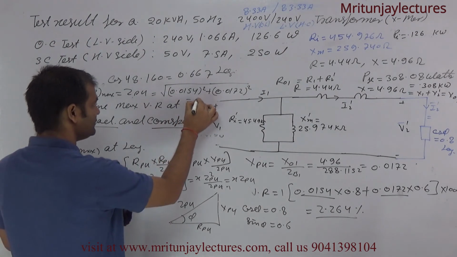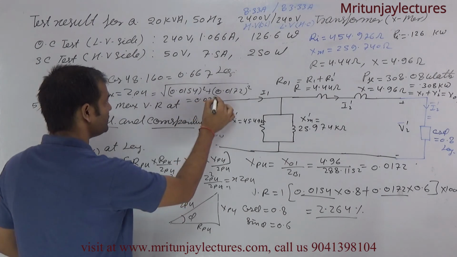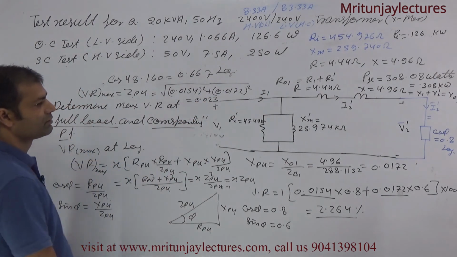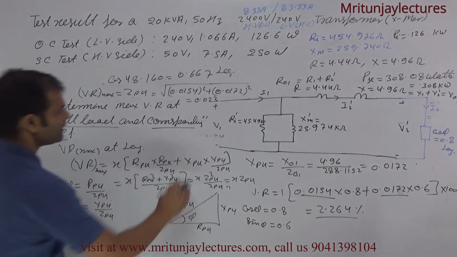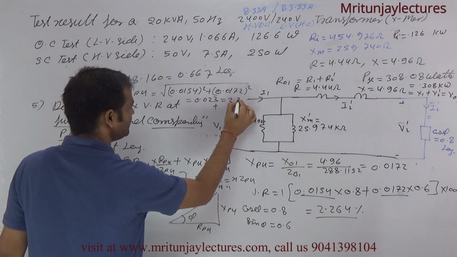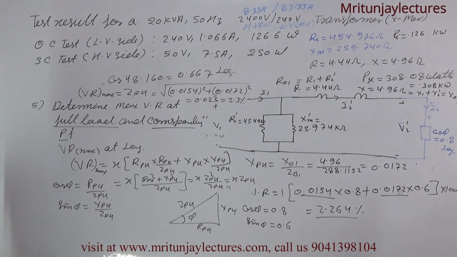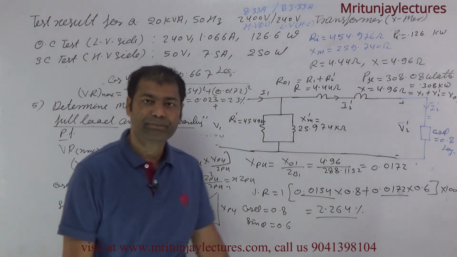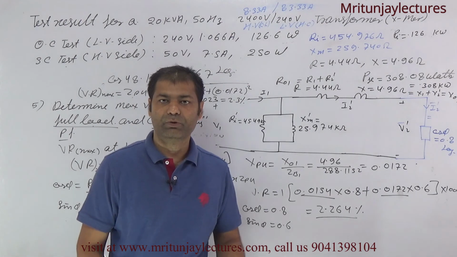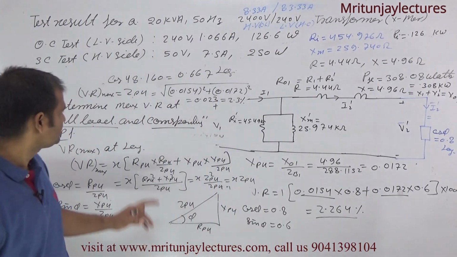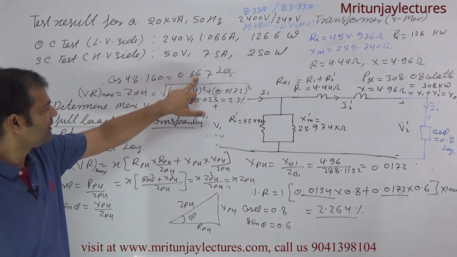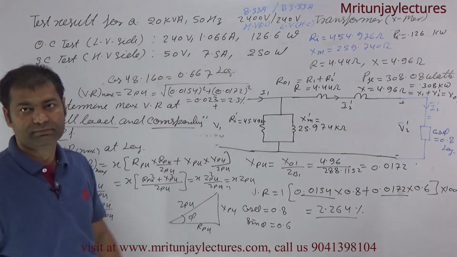Finally we got 0.023, in percentage 2.3%. The maximum voltage regulation is 2.3%. And what about the power factor? That is 0.667 lagging.